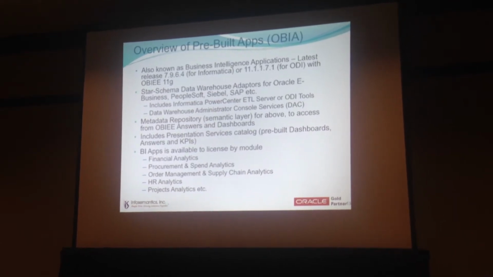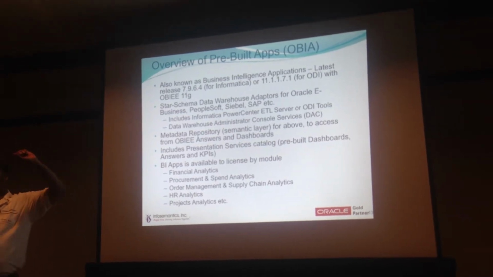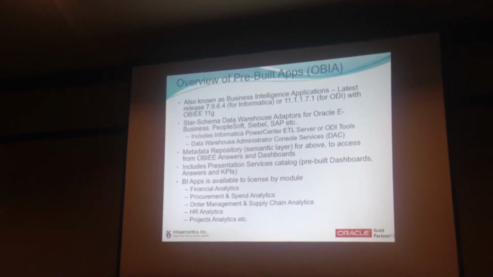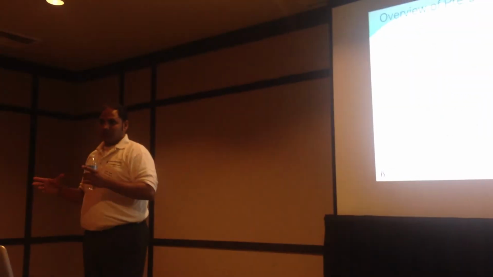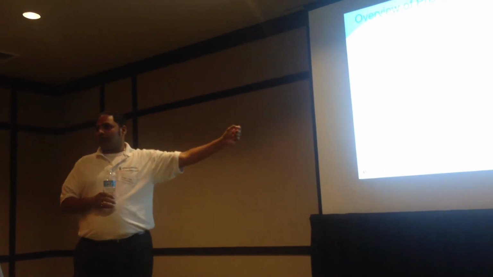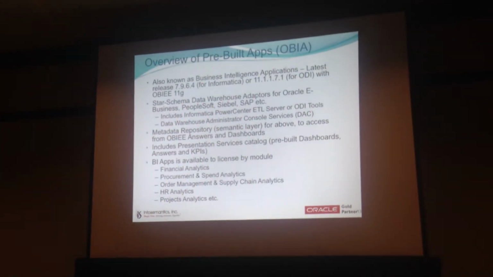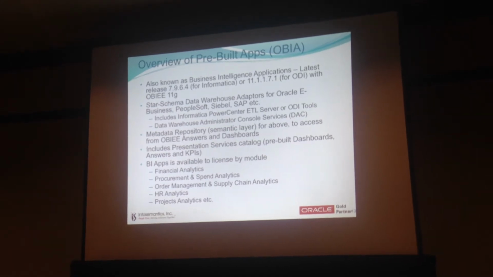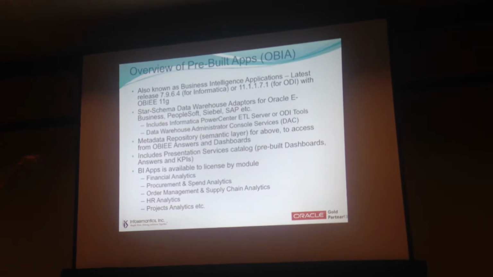I don't know how many of you know, but the OBIEE repository is basically built off of Kimball's methodology called star schema. So if you look at the dimensions and the facts in the OBIEE apps, it follows the star schema. Similar to that, they have created the repository out of the box.